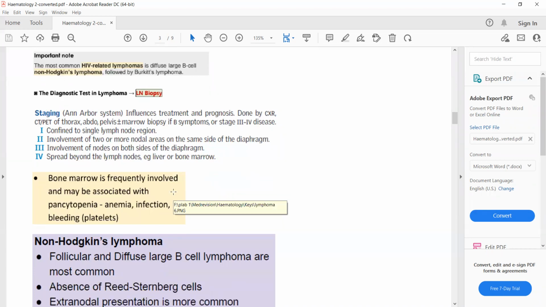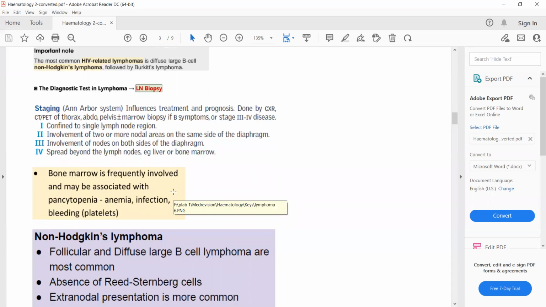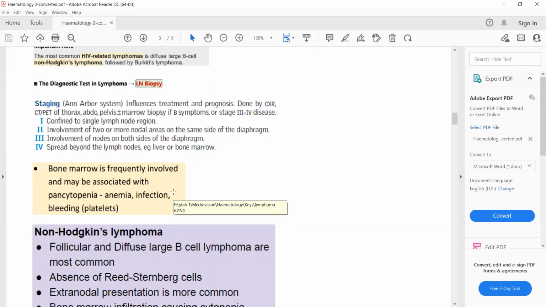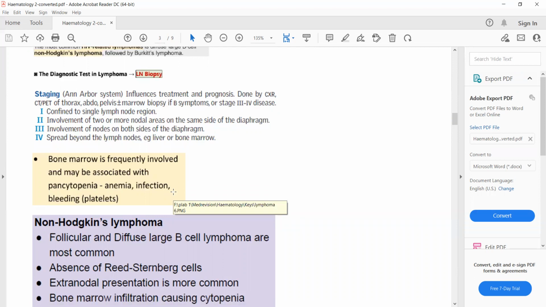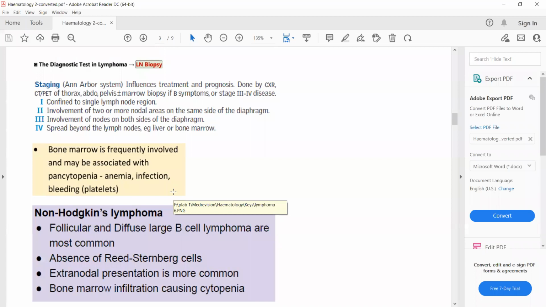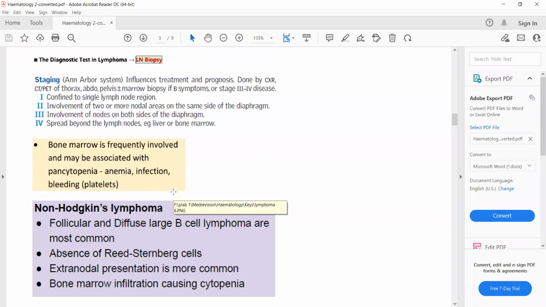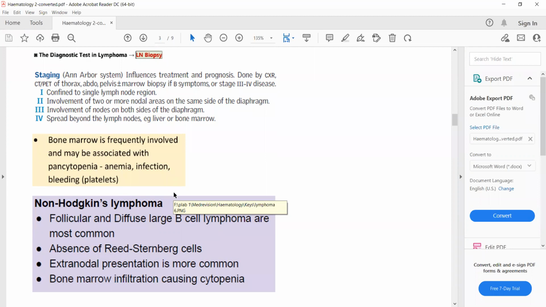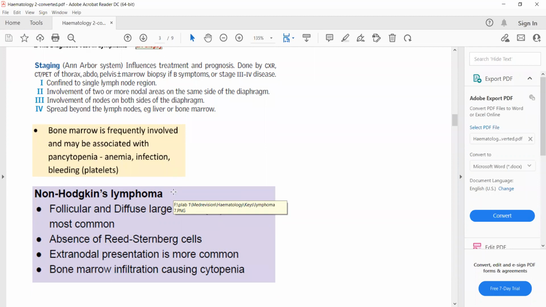So some points about staging of lymphomas. This is just for your knowledge. If lymphoma is confined to a single lymph node region, then it is stage 1. If it involves two or more nodal areas, then it is stage 2. If it's present on both sides of the diaphragm, then it's stage 3.